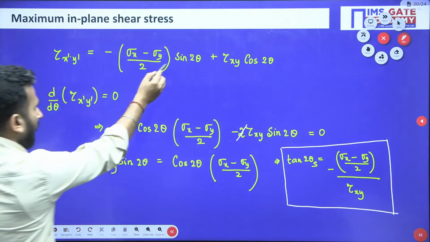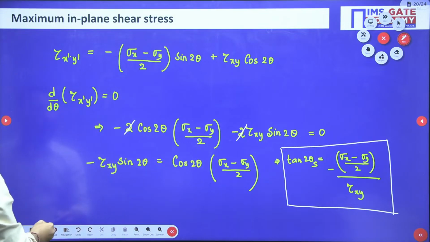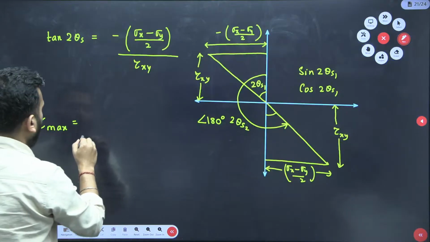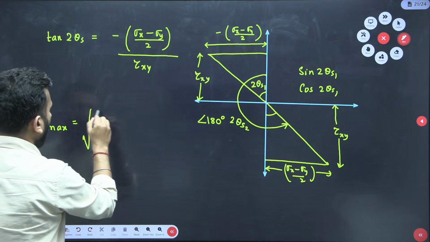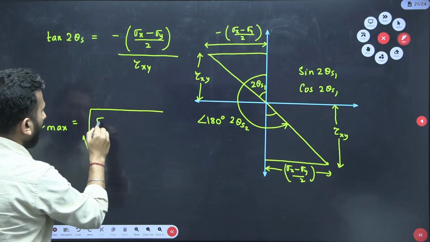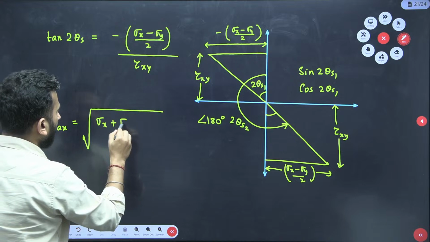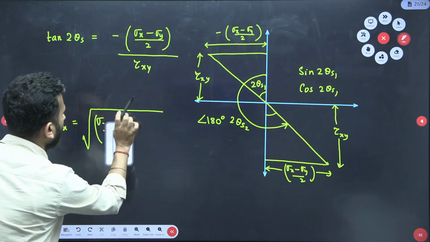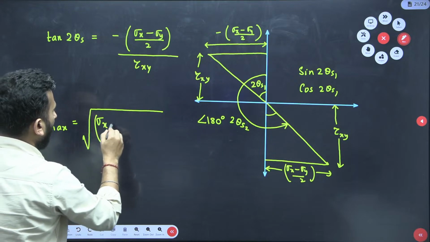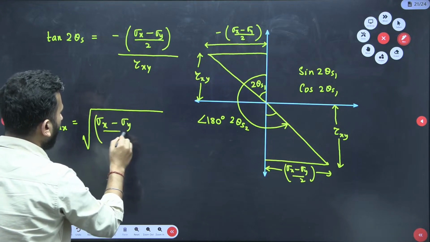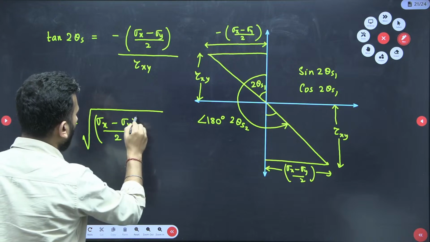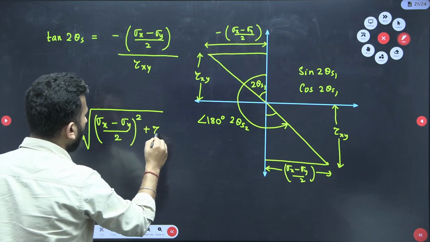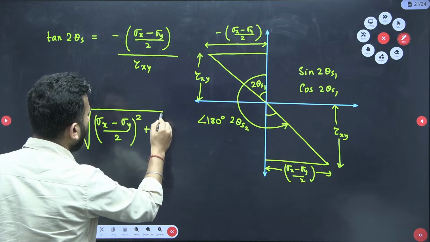Then if you substitute over here, you will be getting the value of tau max, and that will be sigma x plus sigma y by 2, sorry, minus, sigma x minus sigma y by 2 whole square plus tau xy whole square.